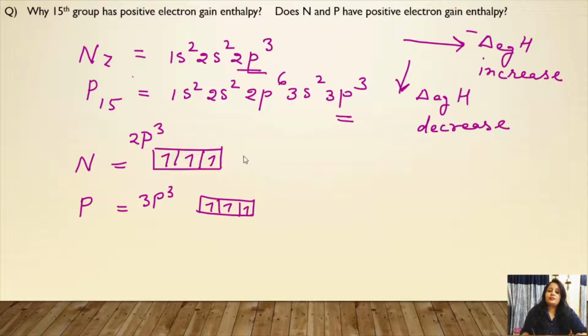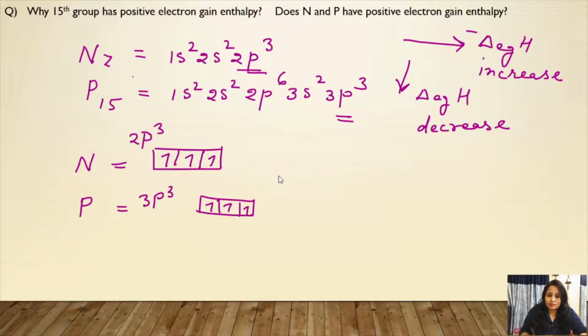Now see, we can say this is fully half filled p orbital. Okay, we can say why? Because it has 3 orbitals and all are singly filled.